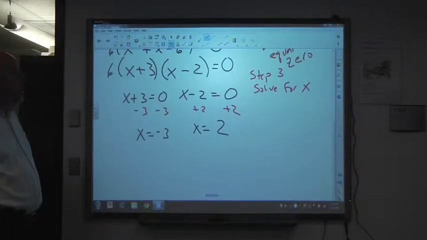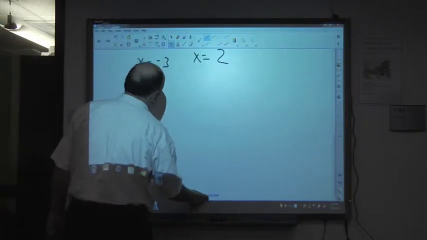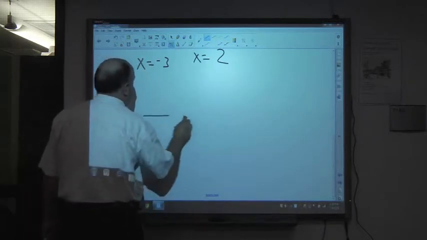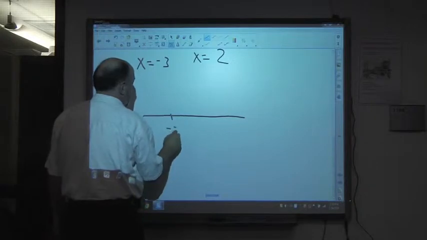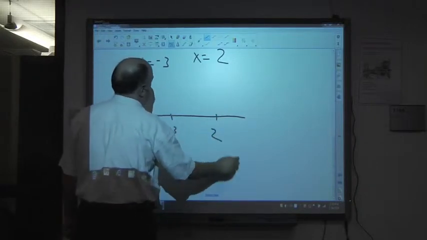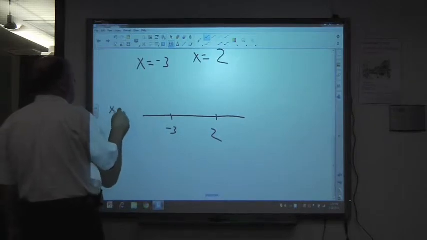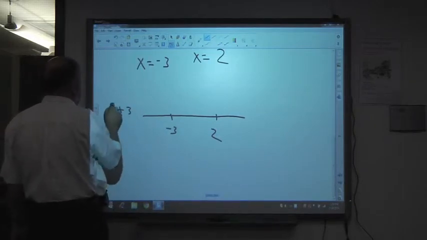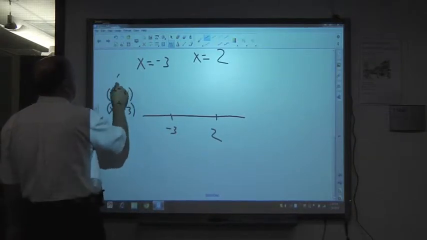So now we can figure out in terms of this curve where it is increasing and where it is decreasing, in regards to the slope. So now we basically build a number line. We put our two x values, negative 3 and 2. And then our factors from our derivative were x plus 3, x minus 2, and then we did have the 6.